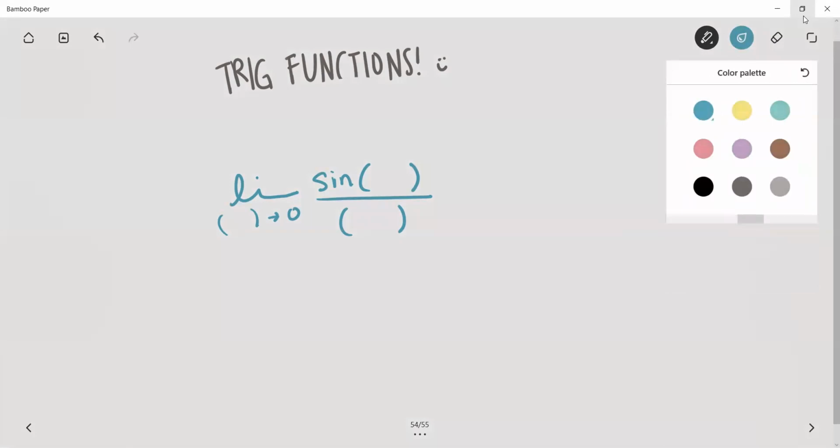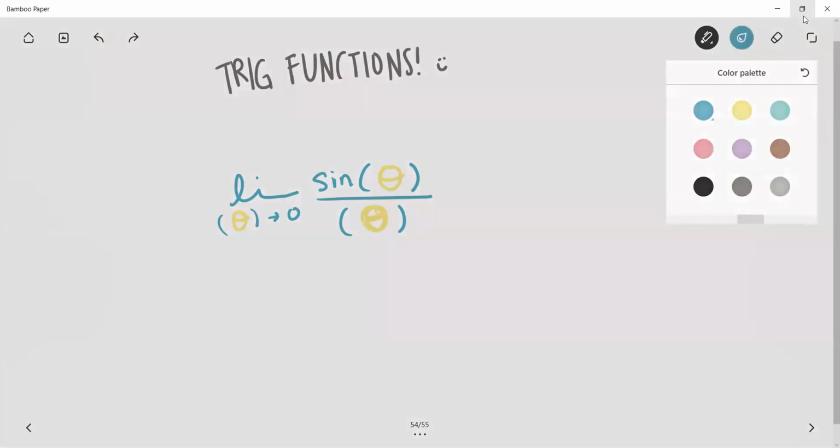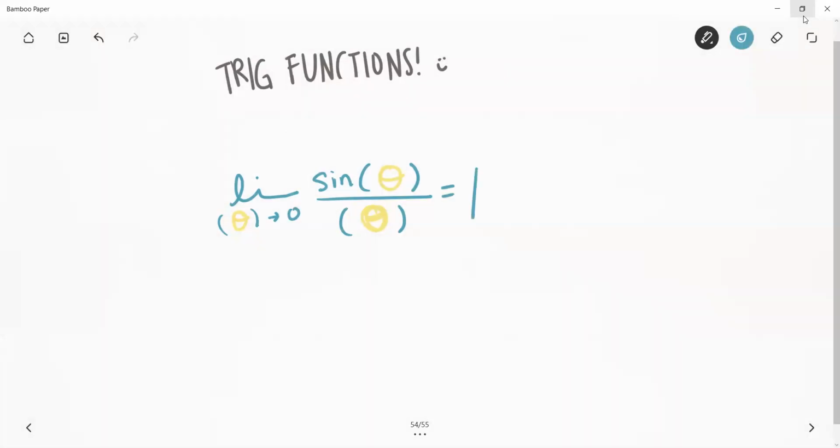Because I'm really emphasizing here that whatever stuff you put inside the sine, this limit only works if it's copy and pasted here. Like these two parts inside the sine and in the denominator, they must be identical. And then all of it must be going to 0. This and this technically should look exactly the same for this limit to work. And if you do have that, then you know that that limit is equal to 1.